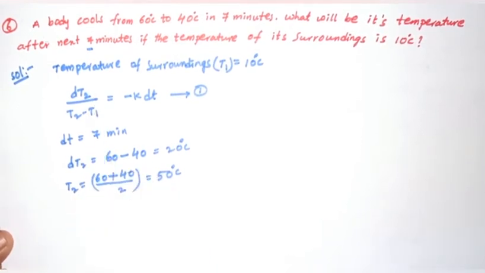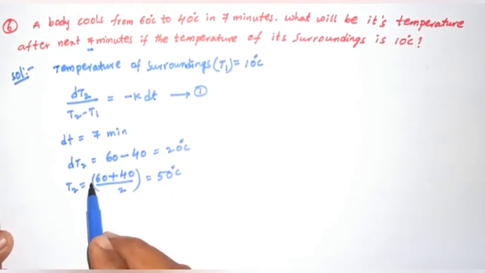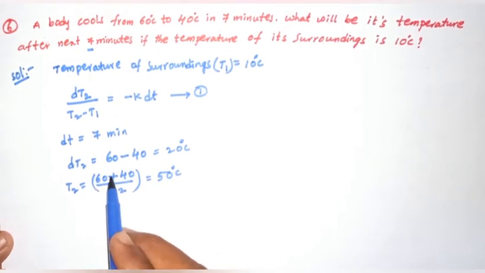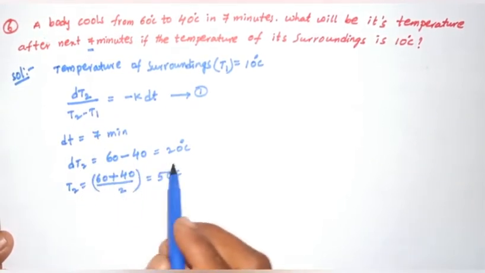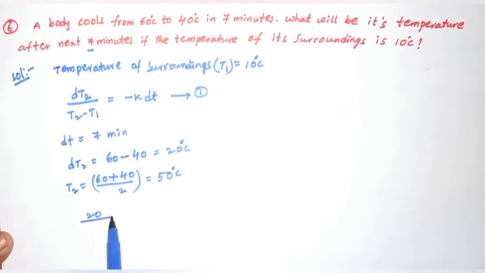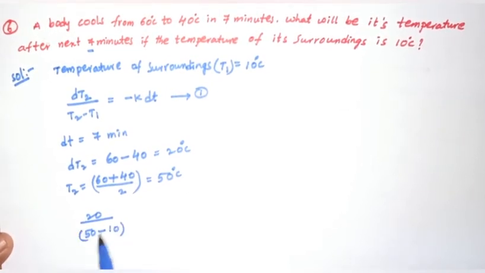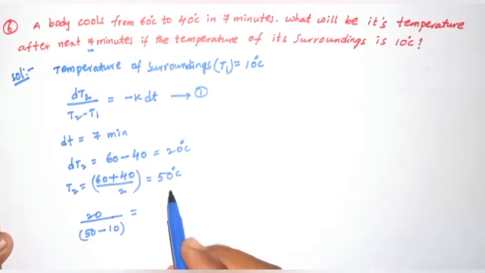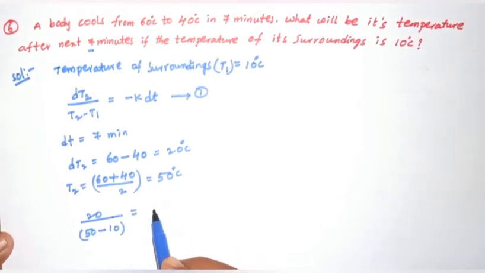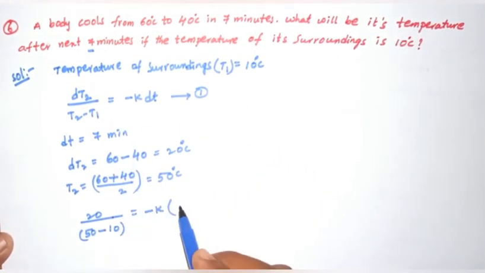So dT2 equals 20 by (T2 equals 50 minus T1 equals 10) equals minus K into dt equals 7.